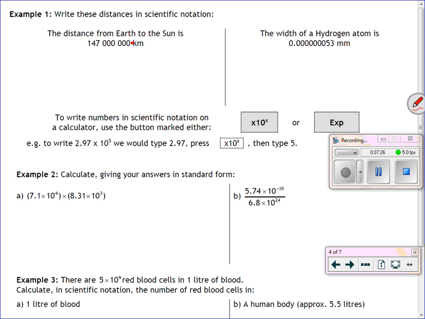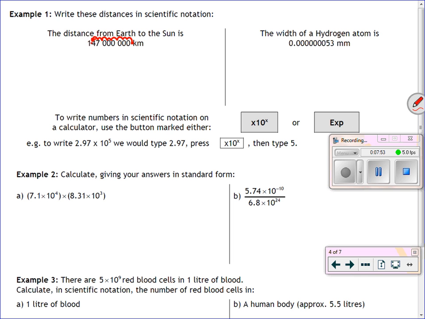The only way to make a number between 1 and 10 for that number is to put the decimal point in here between the 1 and the 4 to make 1.47. And the number of jumps that it does becomes the power of scientific notation. So this is going to do 1, 2, 3, 4, 5, 6, 7, 8 jumps.